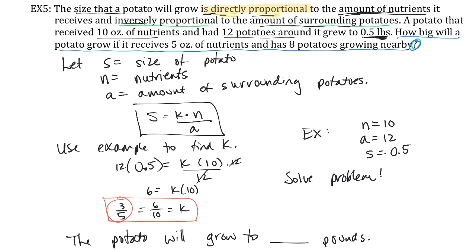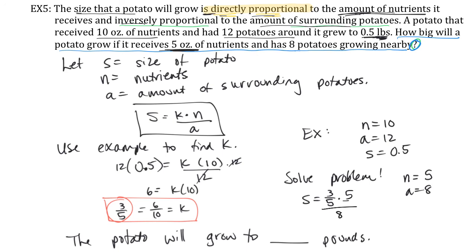So I know what my K is, and now I actually solve my problem. Okay, so now, how big will a potato grow if it has 5 ounces of nutrients? So N equals 5, and it has 8 neighbors. A equals 8, and I want to know what my size is. So S equals K. I just found that K is 3/5 times N. And okay, so times 5, and that's all over A, which is 8.